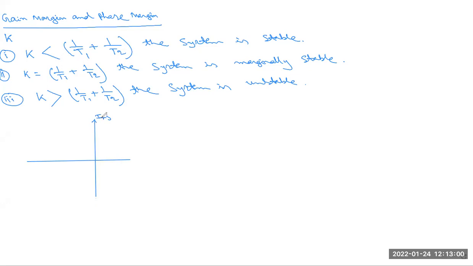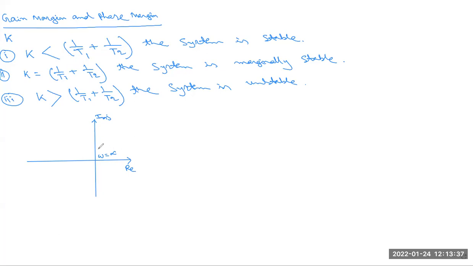When K is less than 1 by T1 plus 1 by T2, the system is called stable. At that point the value of omega is in the infinite region. As we learned in the last classes, omega in the stable system is positive, from plus 0 to plus infinity.